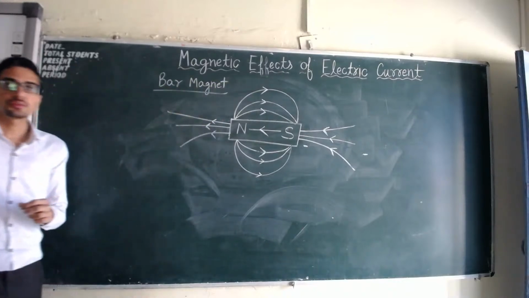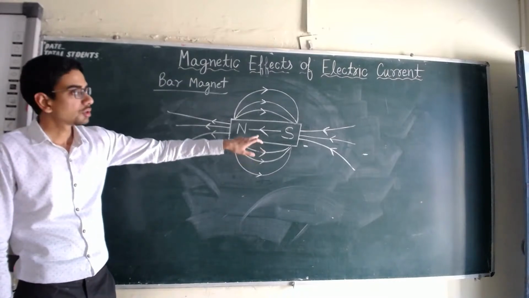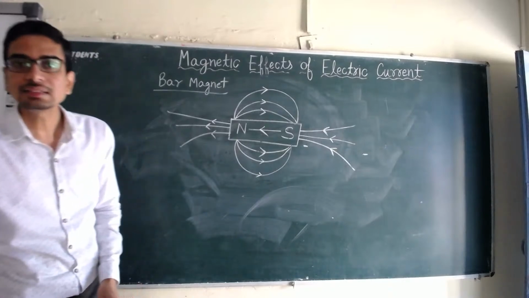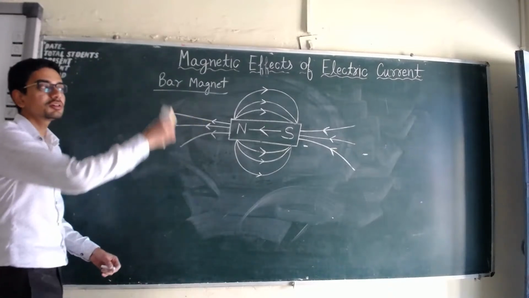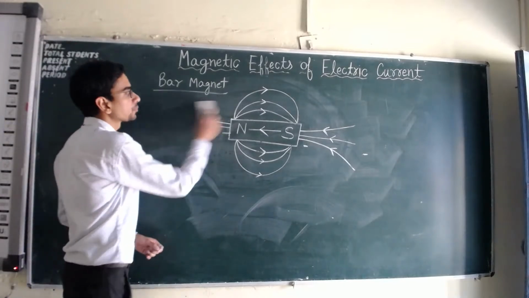Okay. So since a magnet has field lines, an electric current also will have field lines, because electric current also has a magnetic field.